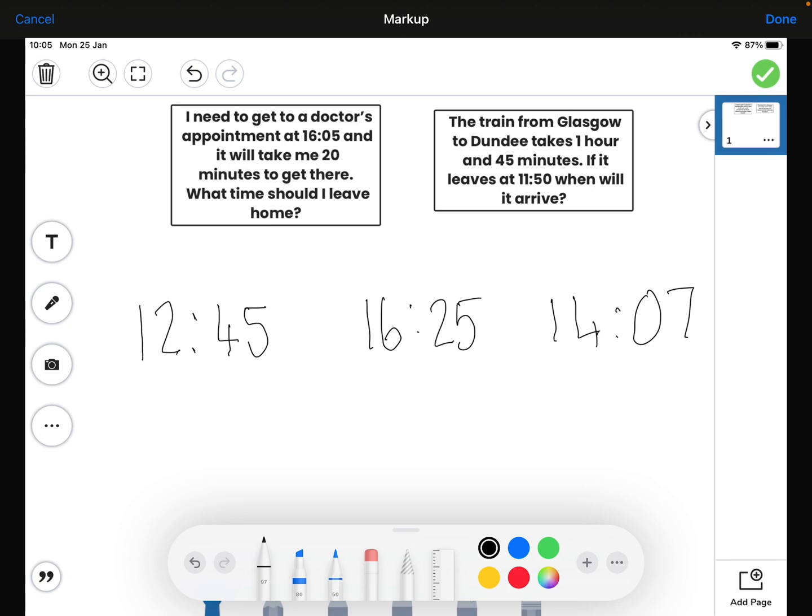Now, what you need to do is you need to go and get your remote learning jotters and write me a word problem for each of these times using what we've learned today. Take a picture and upload it to this lesson. And what we'll do is we'll challenge the boys and girls at home.